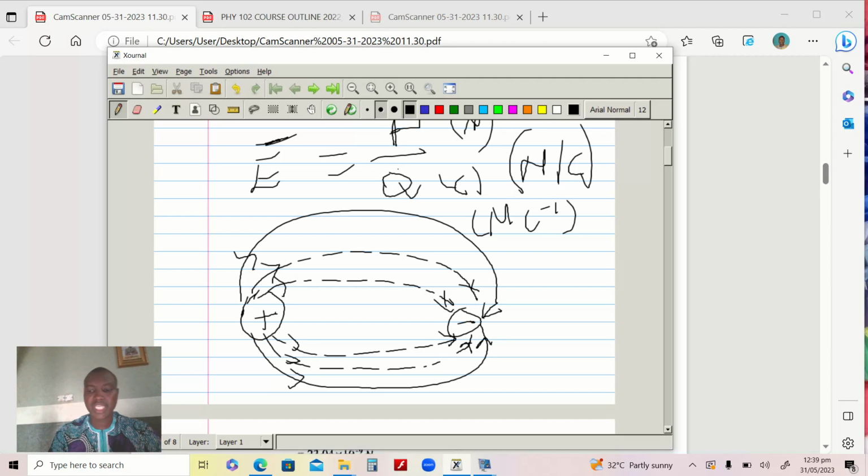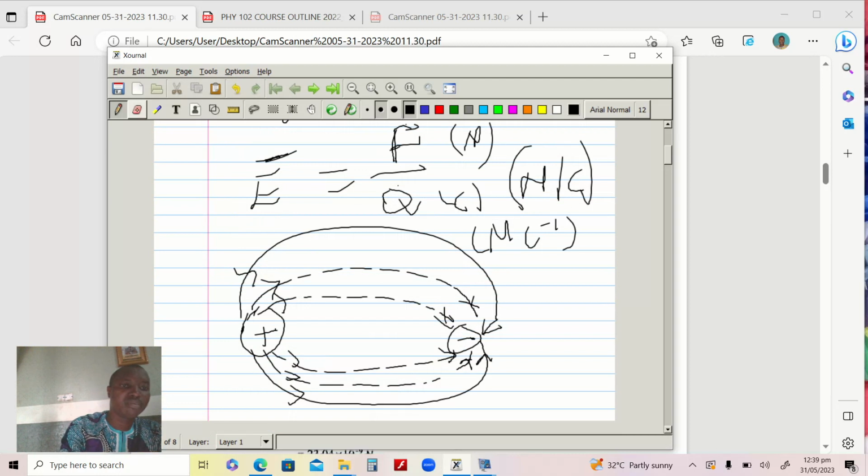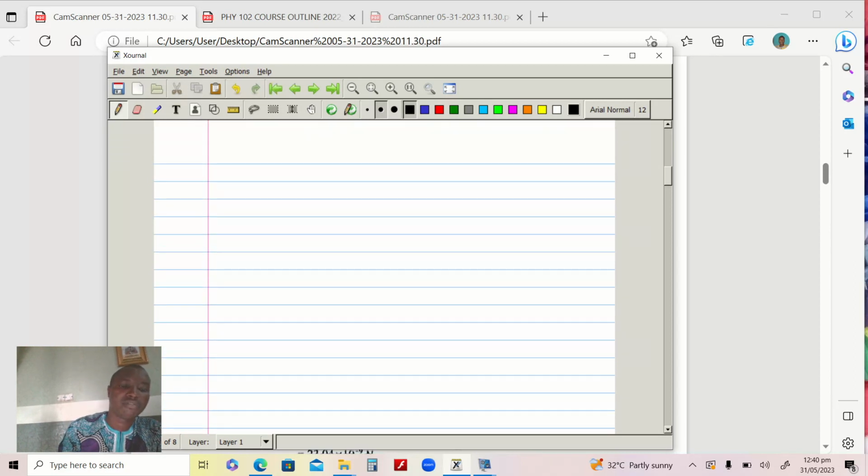But if they are isolated charges, you have your plus, then you have your minus. So it moves towards the minus.